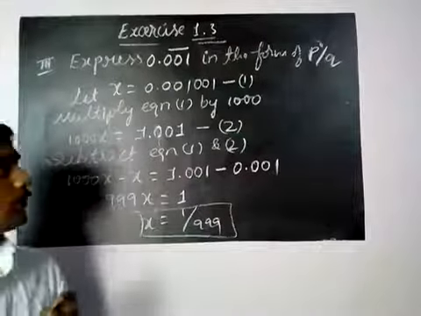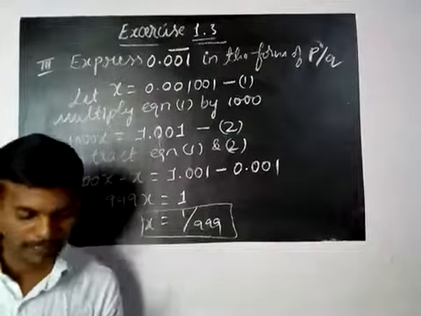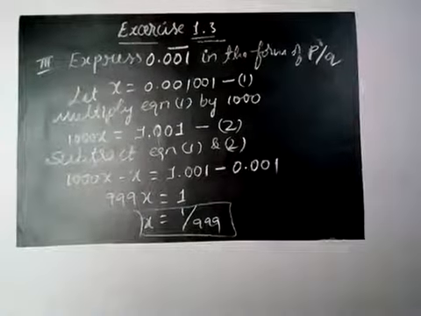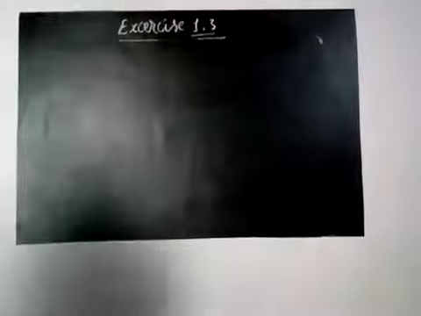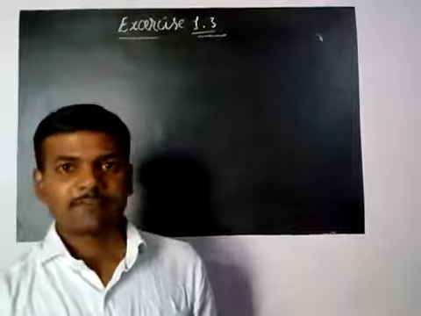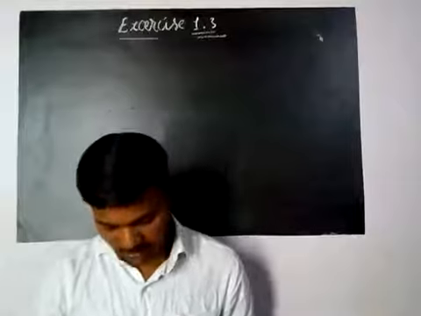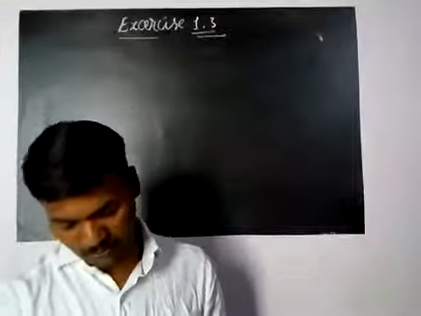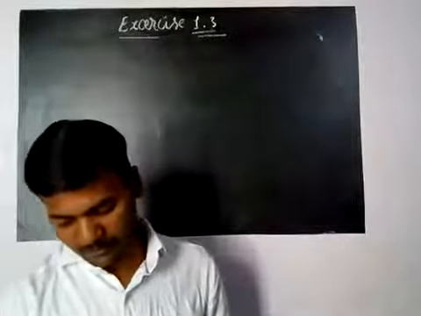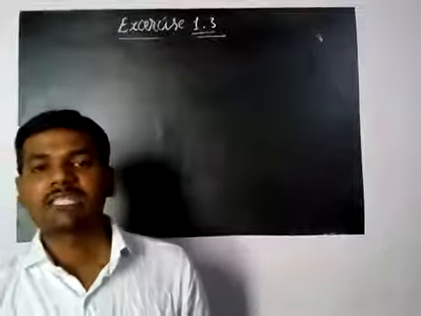Let me add one more. The next example is surprising for you: express 0.9999 and so on in the form of p by q. You are getting surprised by this.